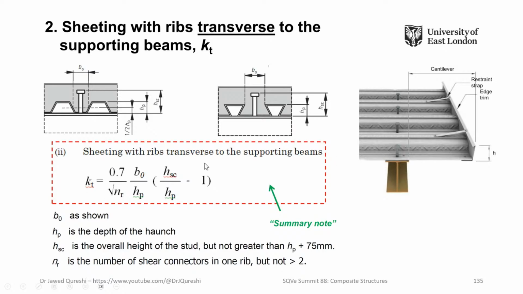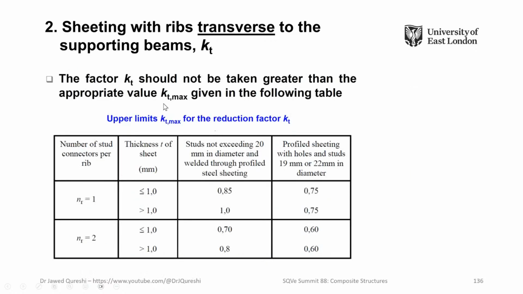Once we have found these two reduction factors, they should satisfy the KT max requirement as well. So if the thickness is less than 1, it should not exceed 0.85, and there are other requirements in Eurocode.